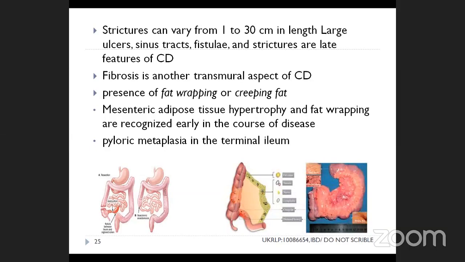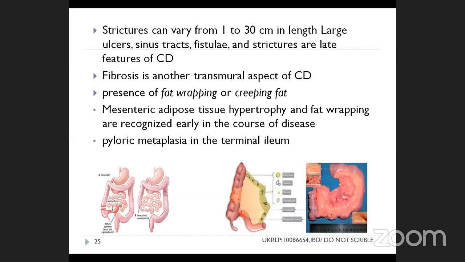Fibrosis occurs because of the chronic inflammation, and the chronic transmural inflammation of Crohn's disease causes fibrosis. The classical feature of Crohn's disease is again the mesenteric fat wrapping or creeping fat. This fat wrapping is said to be because of the serosal involvement of the disease.